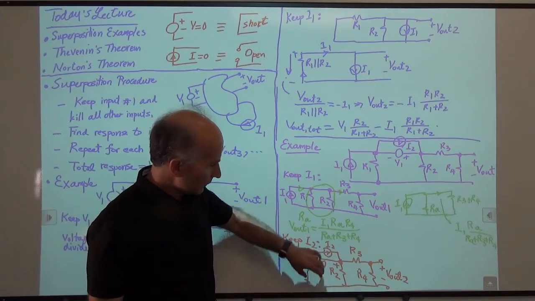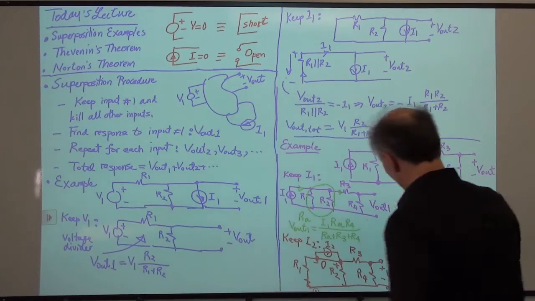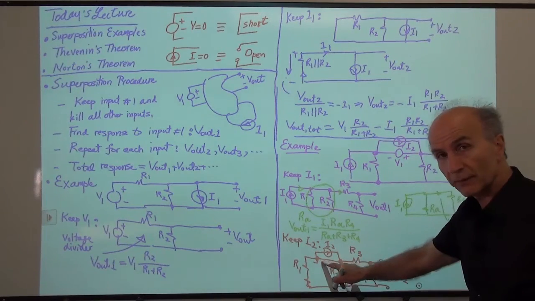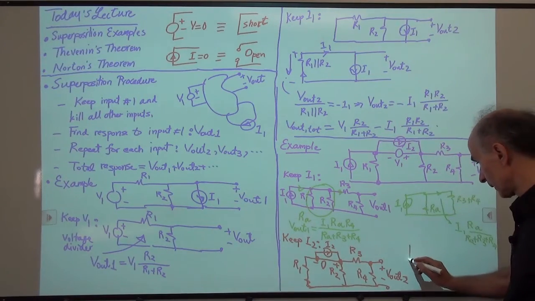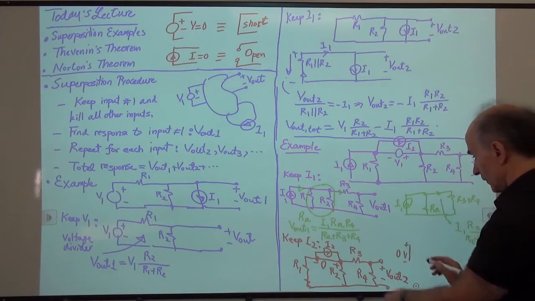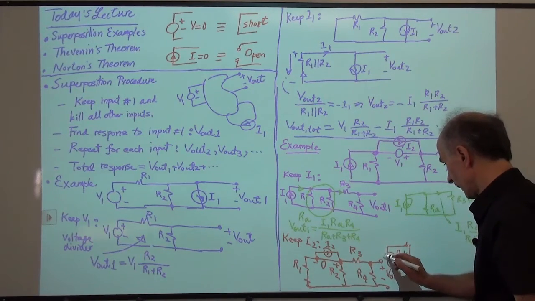So let's try to redraw the circuit a little bit so that these resistors have a more intuitive picture to them. So I have a 0 volt difference here, right? So let's try to do that like this. This is 0 volts plus minus. And then I'm just redrawing things this way. And then I have I2.